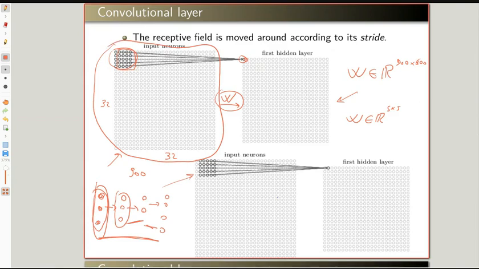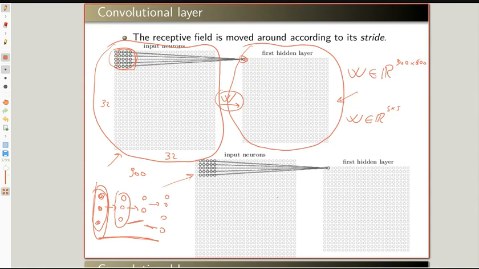By writing them as an image in this rectangular shape, I can do this weight sharing, and I'm now describing to you how I produce the first hidden layer. Up to now is clear? Yeah.